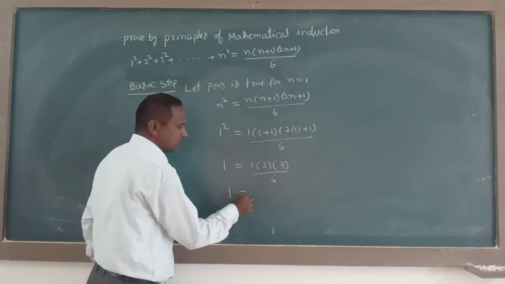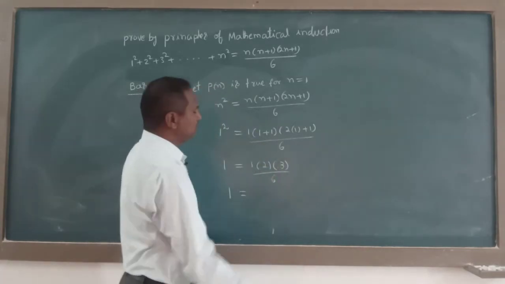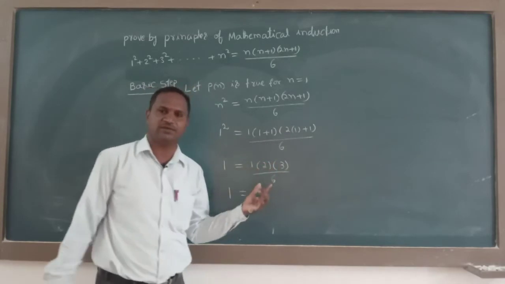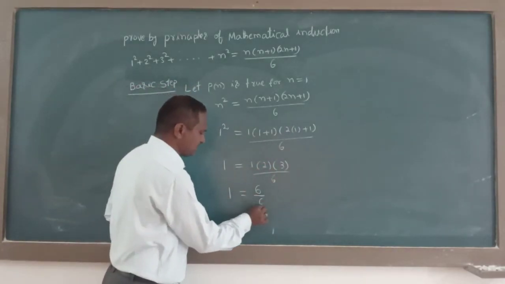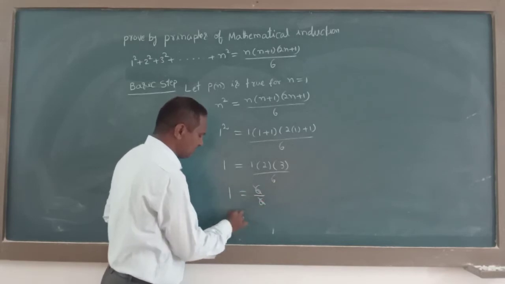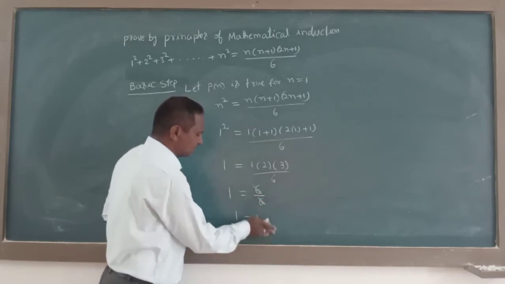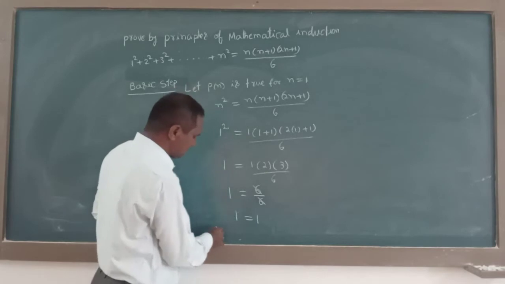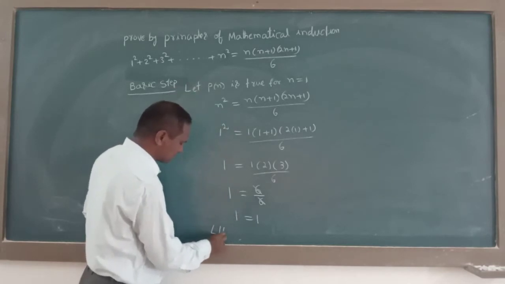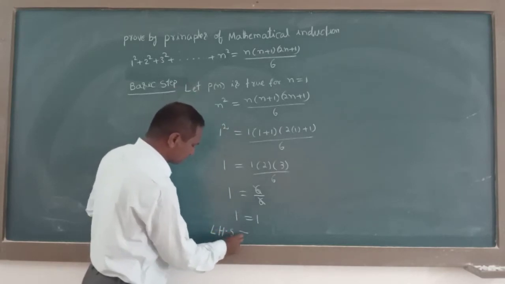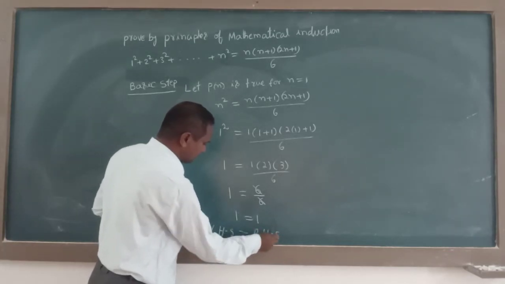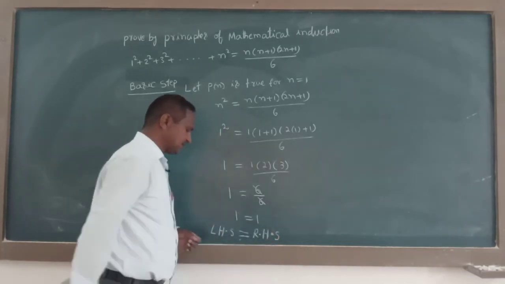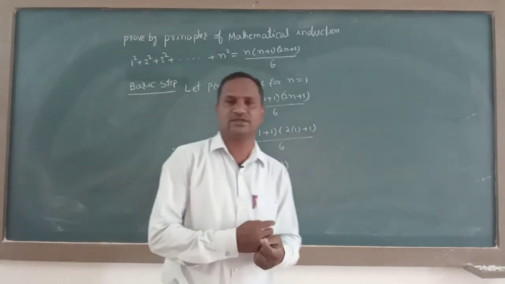In the numerator we are getting 6. 6 by 6, both get cancelled. 1 is equal to 1. Therefore, LHS is equal to RHS.